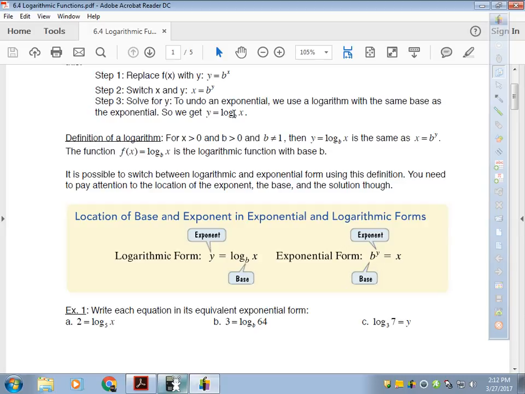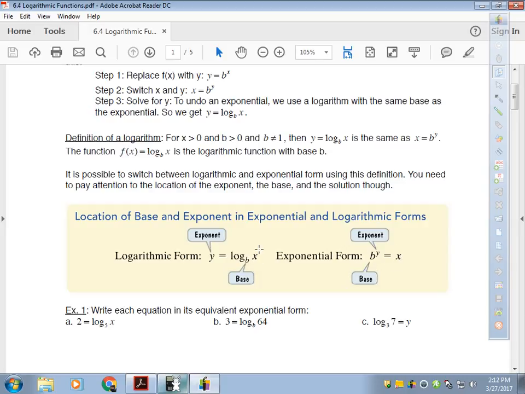Now, you can change back and forth between exponential and logarithmic form as long as you remember where things go. If you have a logarithm, y equals log base b of x, this y was originally the exponent, this b was originally the base, and this x that's inside the logarithm was originally the solution.